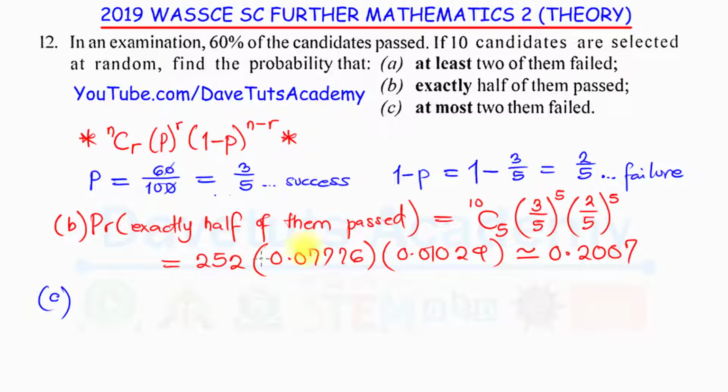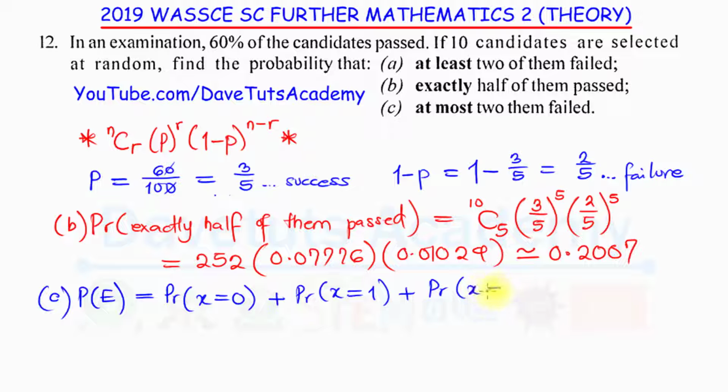Finally, in the third case, we have to find the probability that at most 2 of them failed. The probability of that event described in C is going to be that first, at most 2 of them failed means that we are going to have none of them failed, okay, plus only one of them failed, plus 2 of them failed.